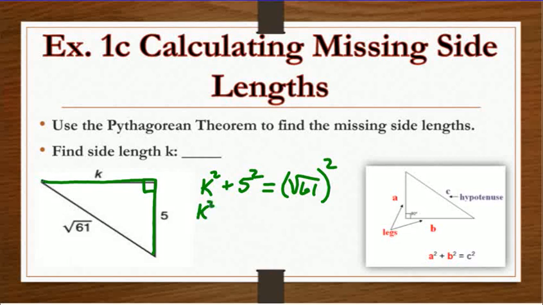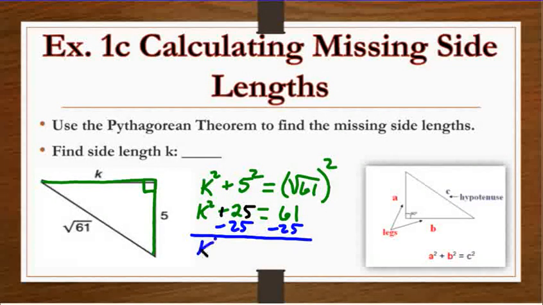So K squared plus 25 equals 61. To get K squared by itself, I subtract 25 on both sides. I'm going to end up with K squared equals 61 minus 25, which is 36.